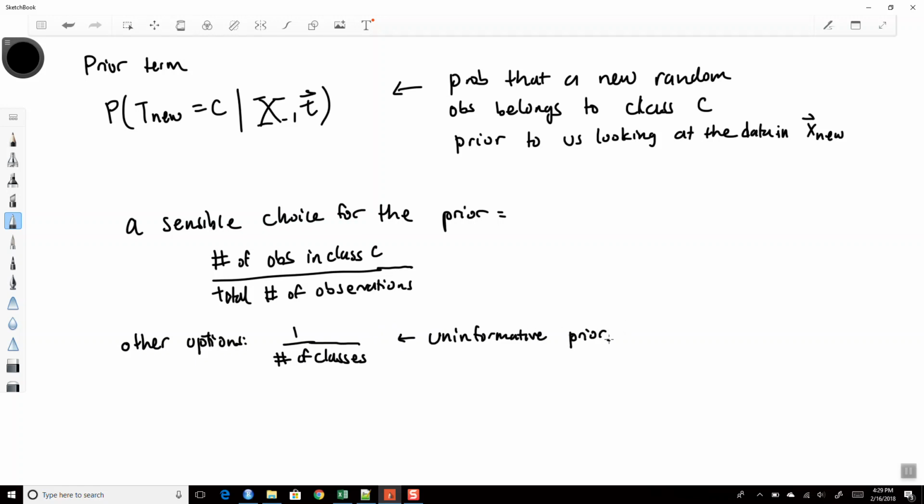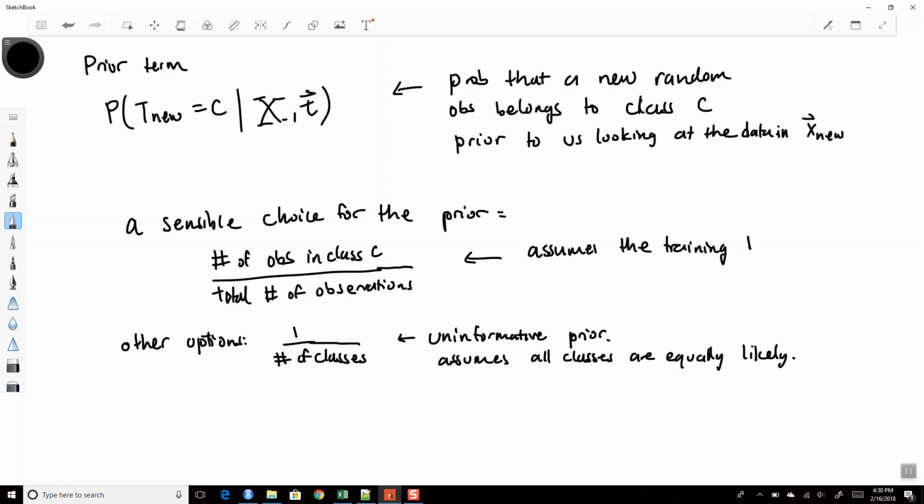This just assumes all classes are equally likely. I guess this one, what would this assume? This assumes the training data is representative of the population, right?